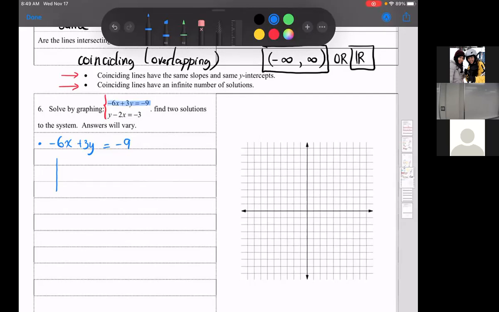It's going to be infinitely many solutions, but they want you to pick 2 points. Pick your 2 favorite points. Any point is up to be on your line. There are more ways than just 2 points.